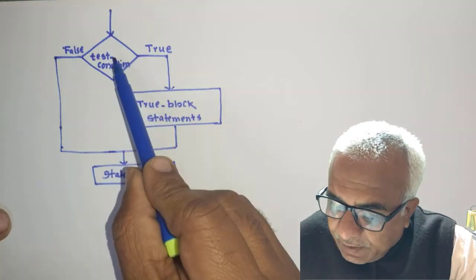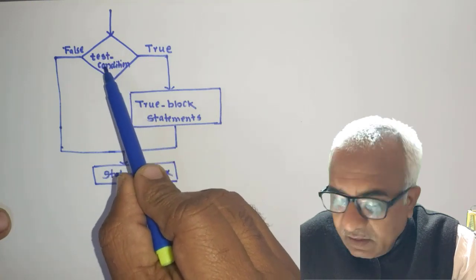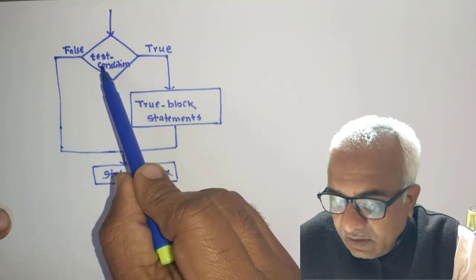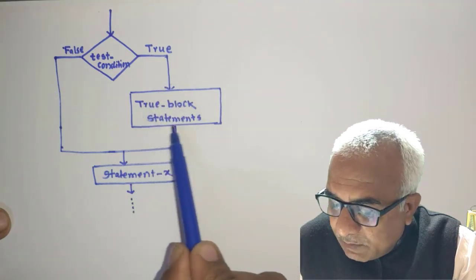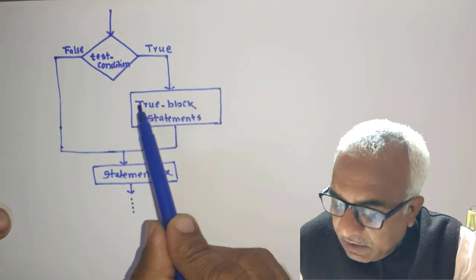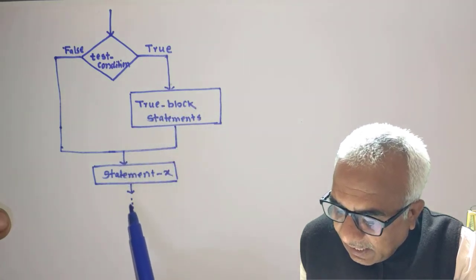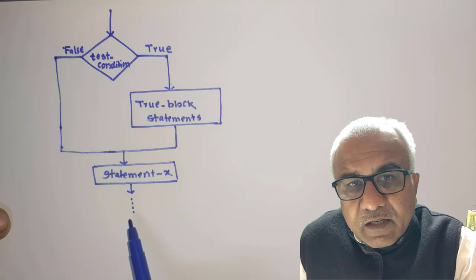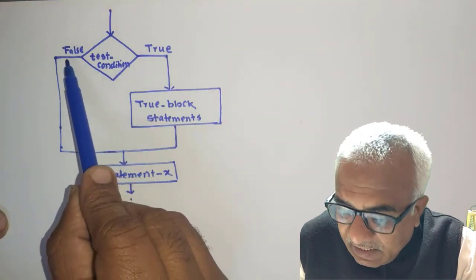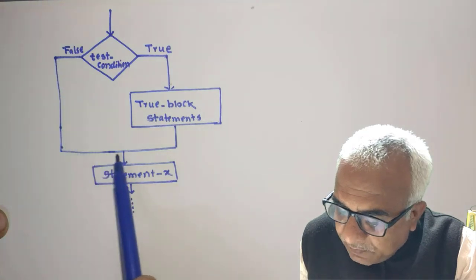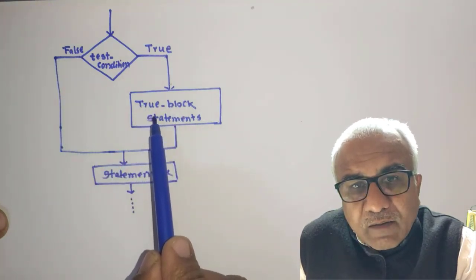So when this condition is arrived at, it is evaluated. If this test condition is true, then this true block of statements is executed, and after execution of the true block of statements, statement X and the next statements are executed. But if this test condition is false, then it directly goes to statement X. These statements are not executed at all.